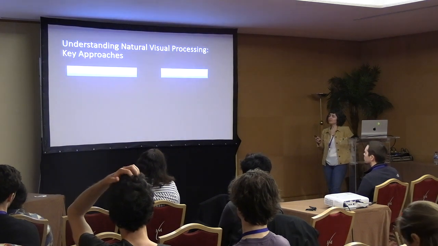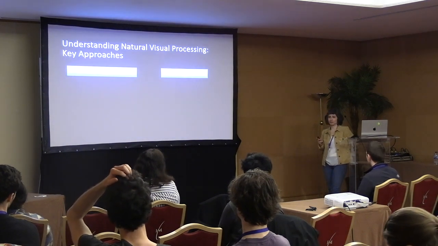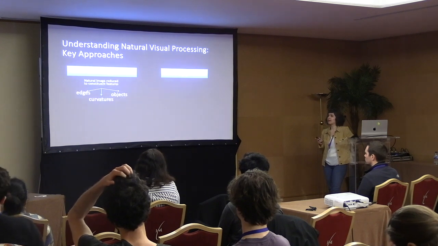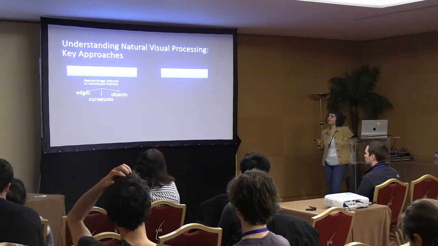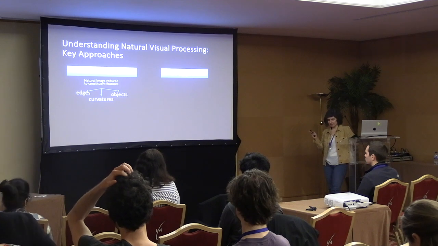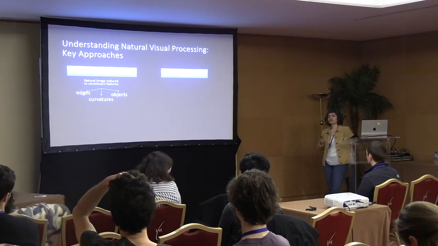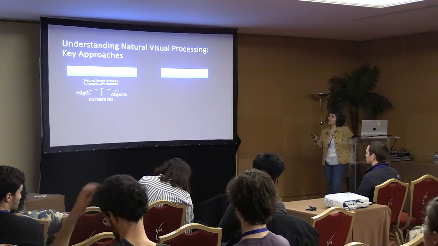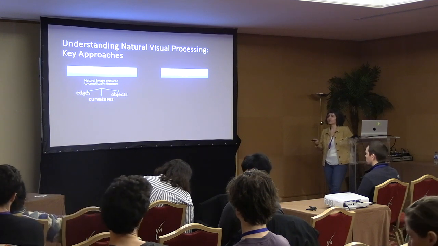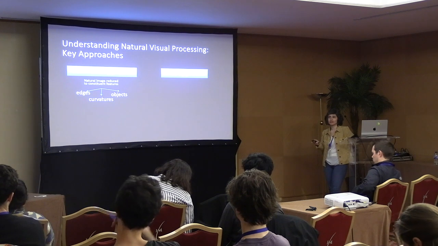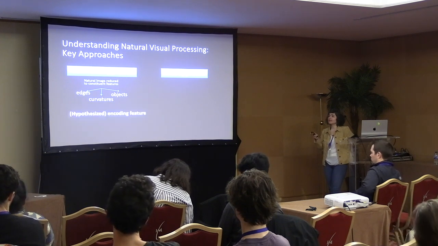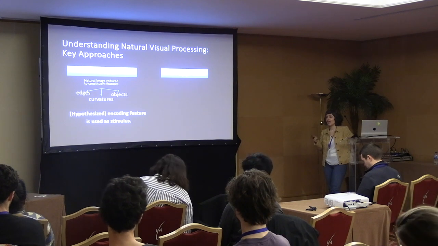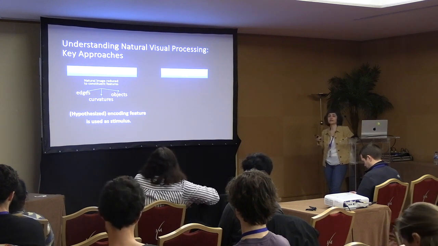There are mostly two main approaches so far. One is the classical approach. You probably all know about that. Starting from human and visual studies, they break down the naturalistic image into constituent features like edges, curvatures, and objects. Those encoding features are currently used as the stimulus.